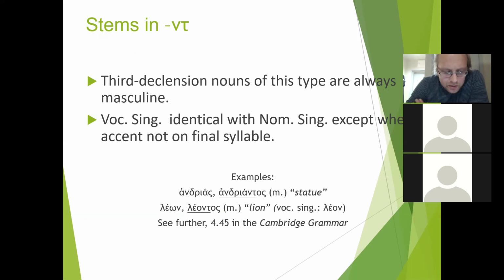Further, we may note that the vocative singulars are here sometimes identical with the nominative singular, like in Andreas, whereas sometimes the final vowel of the nominative singular may be shortened in the vocative, like in Leon.